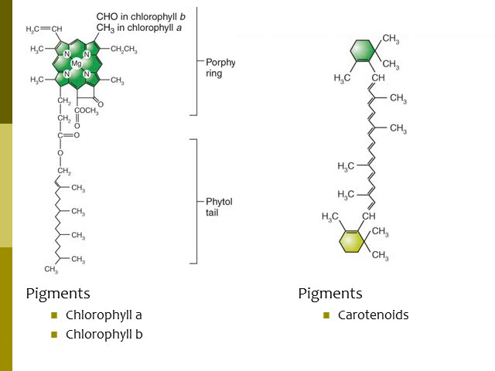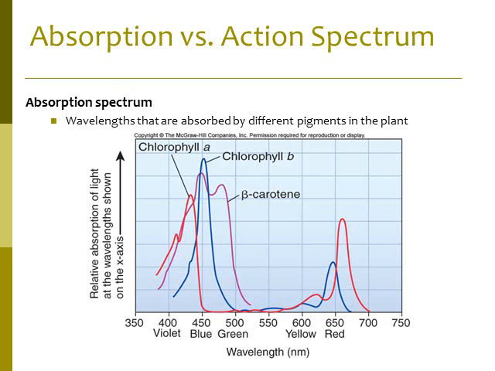And again, remember, these pigments are responsible for absorbing that solar light and converting it into a usable form, or capturing that light. Here's a carotenoid over on the right-hand side, so you can see that's a pretty big molecule as well. This just gives you an idea of what these different photosynthetic pigments look like.